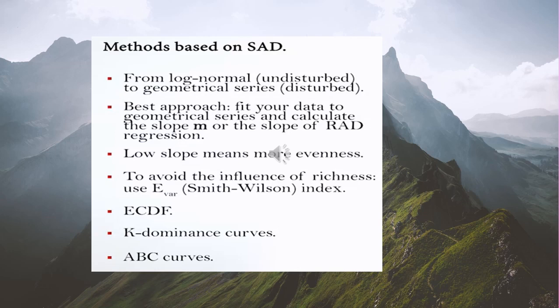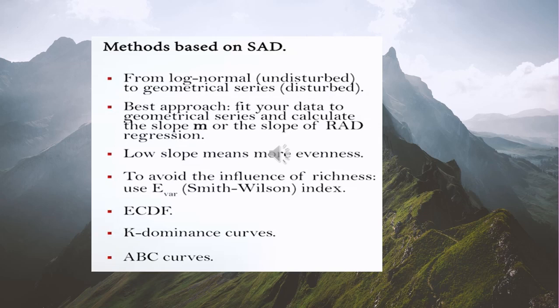A high slope means that the evenness is very low, and in this case the site is disturbed because there is dominance of species. To avoid the influence of richness, we can use the evenness of Smith-Wilson. That's very useful when we want to analyze the impacts on biodiversity.